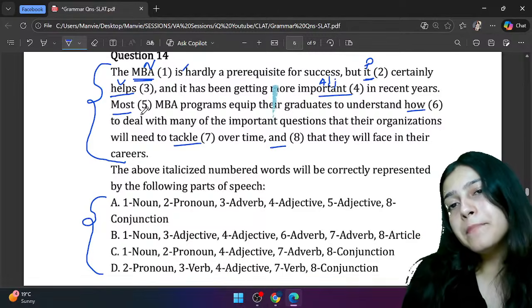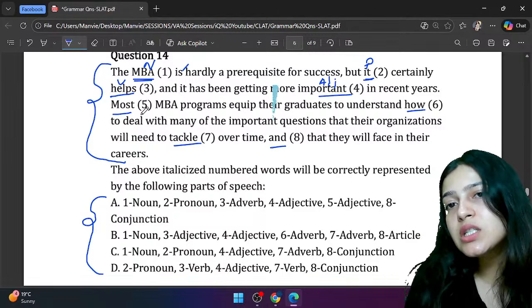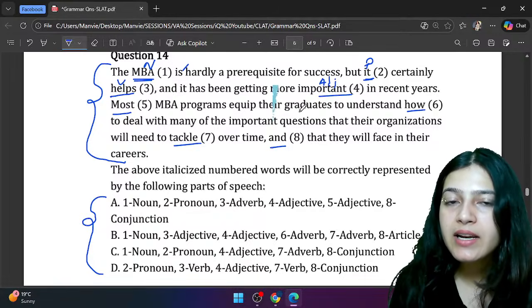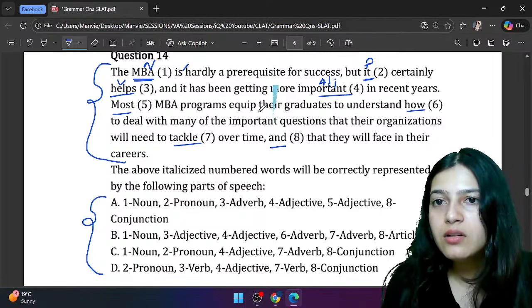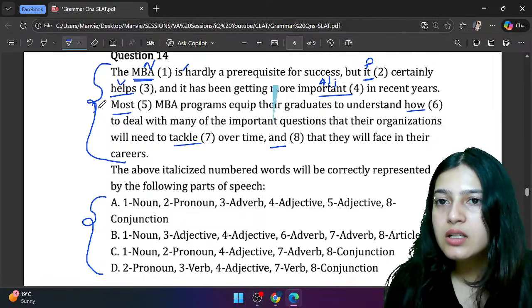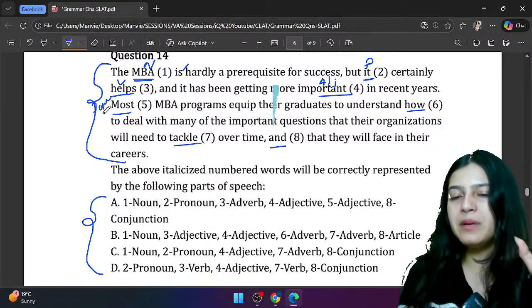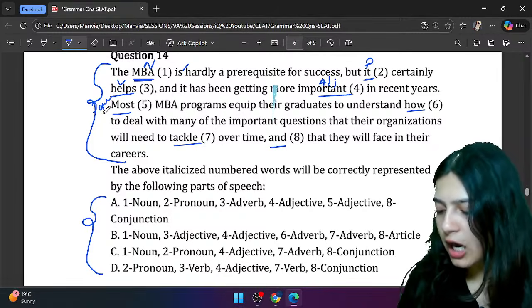Then they say most MBA programs equip their graduates. So most here is a determiner, because they are telling how many.